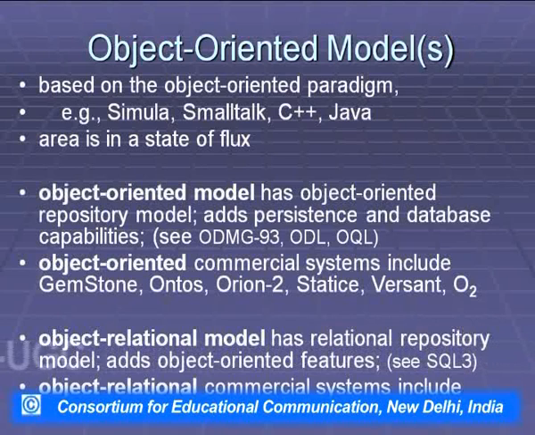Object-oriented commercial systems include Gemstone, Ontos, Orion 2, Statice, Versant, O2. The object relational model has a relational repository model and adds object oriented features. See SQL3. Object relational commercial systems include Starburst, Postgres.